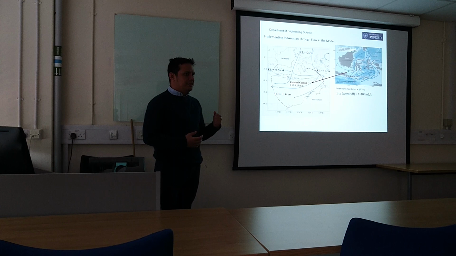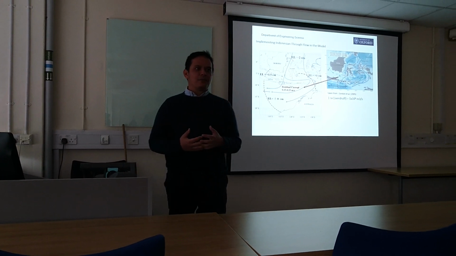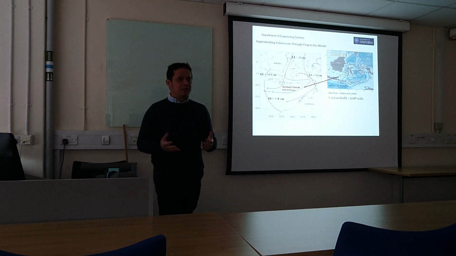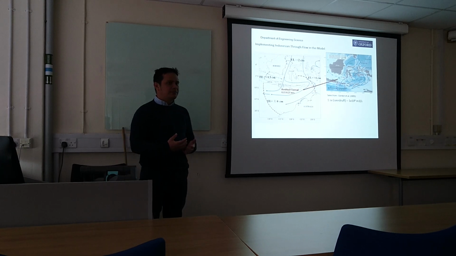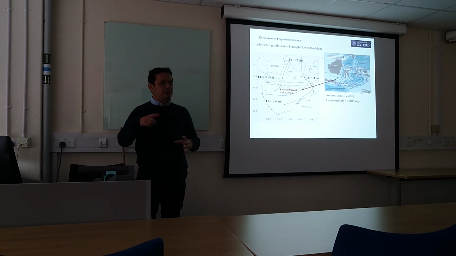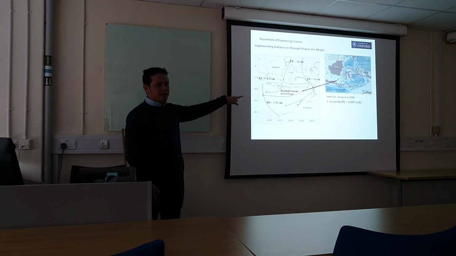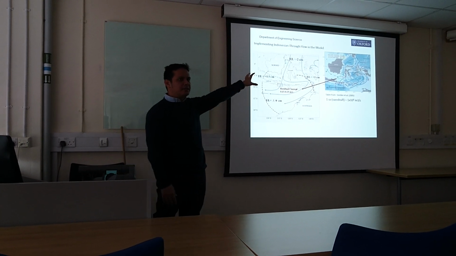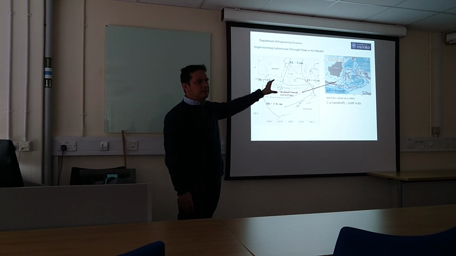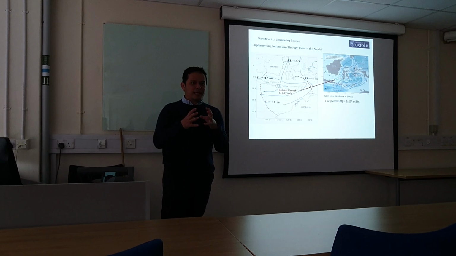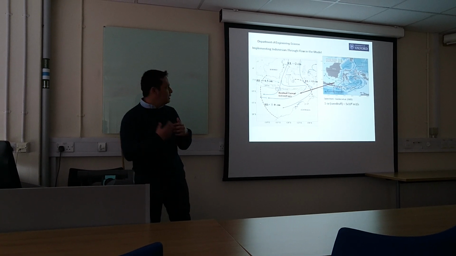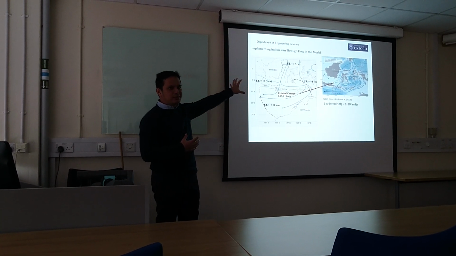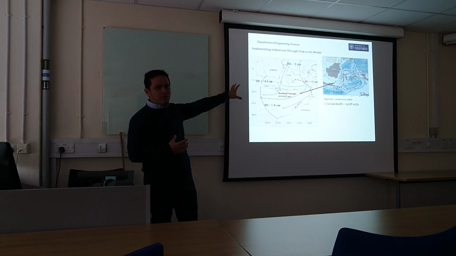This is the Indonesian Throughflow. This is part of the global current. If you learned about oceanography in high school or university, you may recognize the ocean conveyor belt, which goes through this area. Since this area has a myriad of islands, it creates a very complicated flow pattern, so we need to see this phenomenon in our models as well.